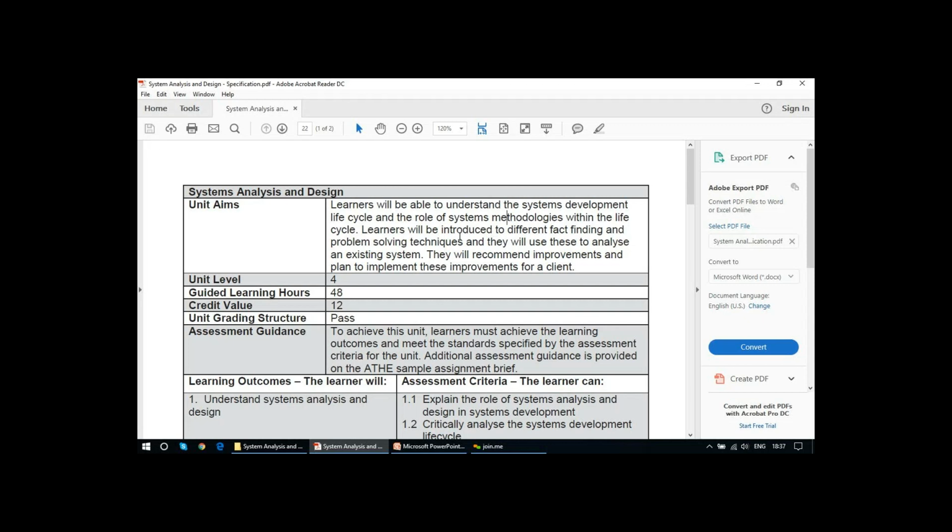Then when you analyze, you create the diagrams. You create the diagrams in the analysis, and further, when you refine those diagrams and make them concrete, that becomes design.